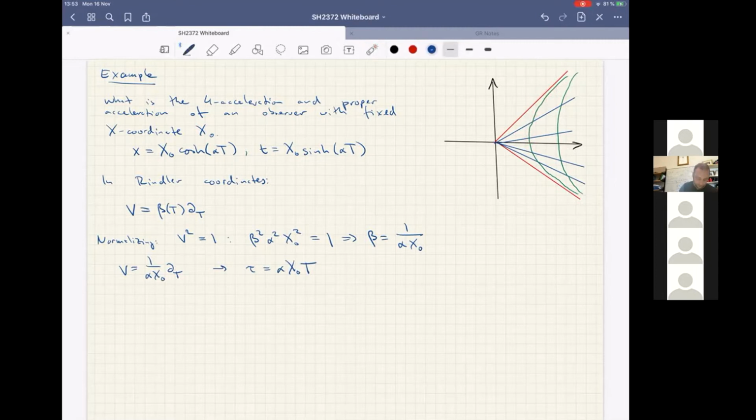If I look at the 4 acceleration, I can get that by doing the following. So I take the derivative in the direction of the 4 velocity of the 4 velocity itself. So this is going to be 1 over alpha squared x0 squared.